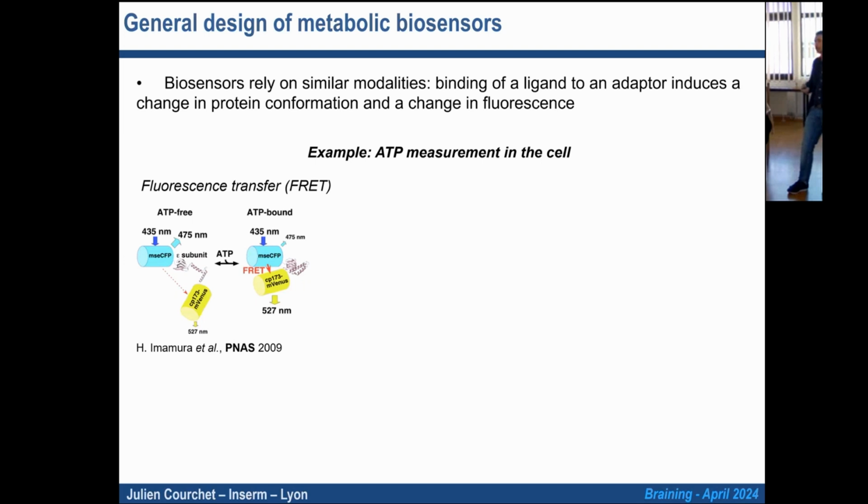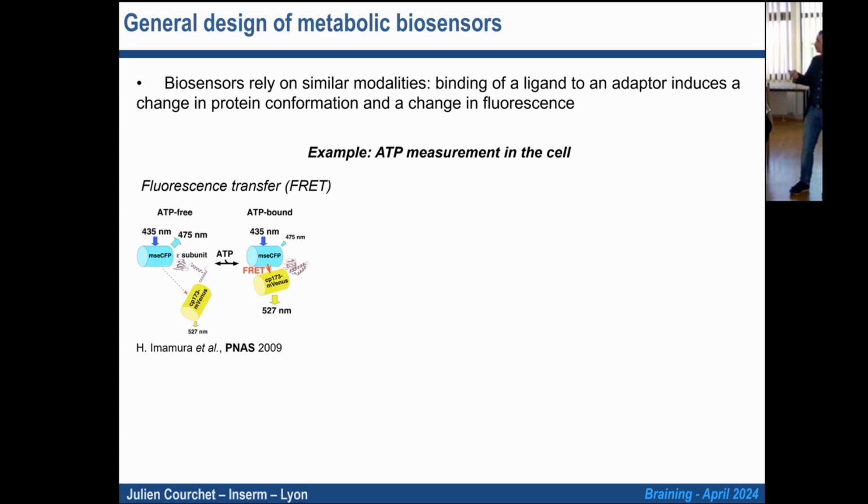So the idea is that you give light energy to a fluorescent molecule. It will give back some light energy, slightly lower, and so the more energetic is the blue, the less energetic is the yellow and the red, which is why the blue will be lit with a 435 nanometer laser and will emit into the 475 nanometer.